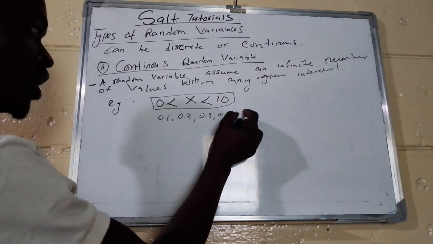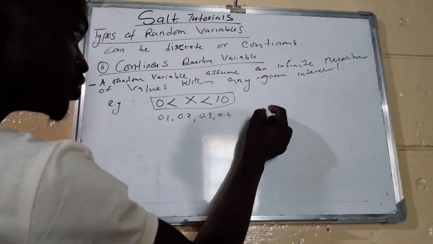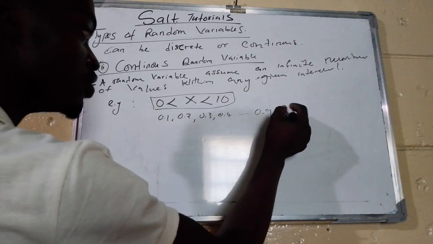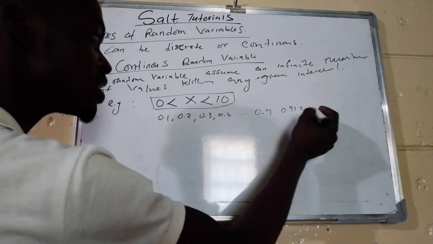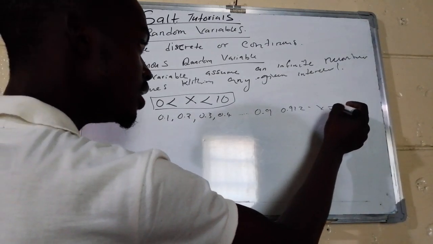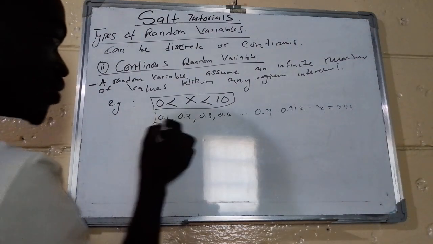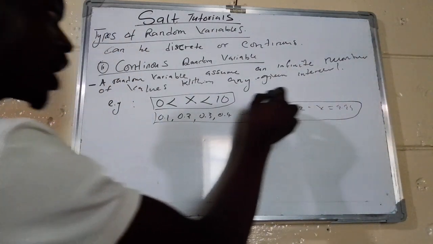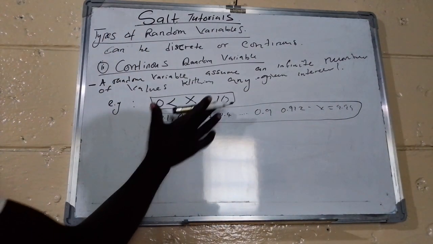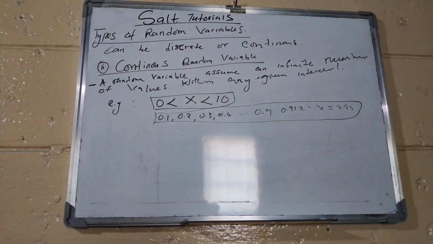It continues, x can take up 0.9, 0.912, 9.9999. As long as those values fall under that interval, then we are simply saying that the random variable x is continuous.